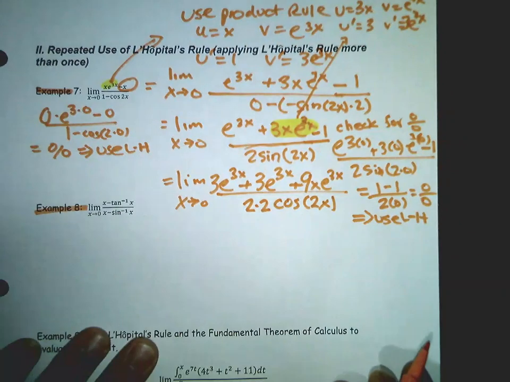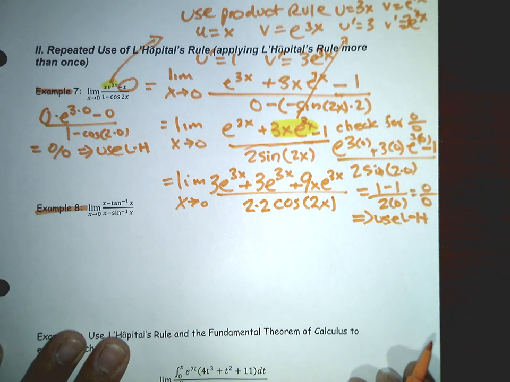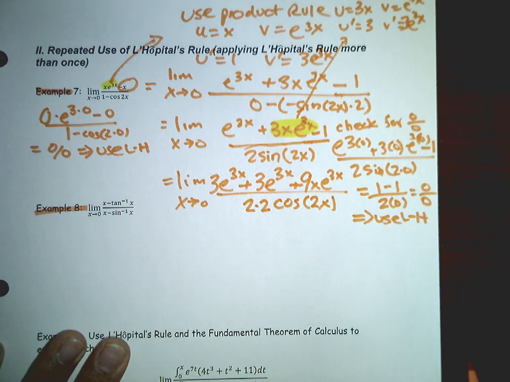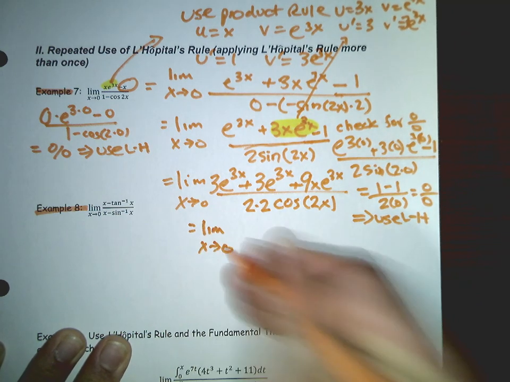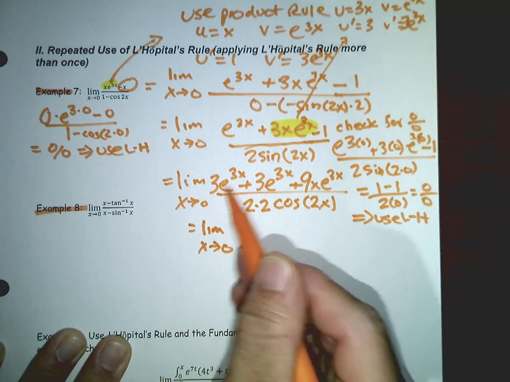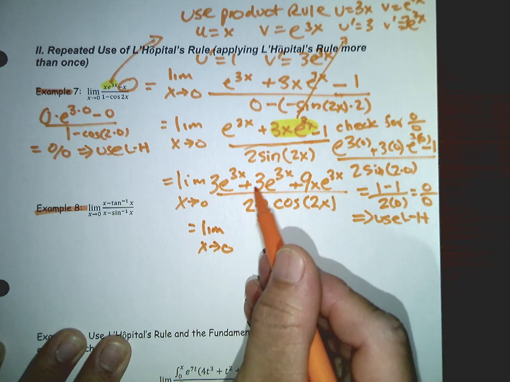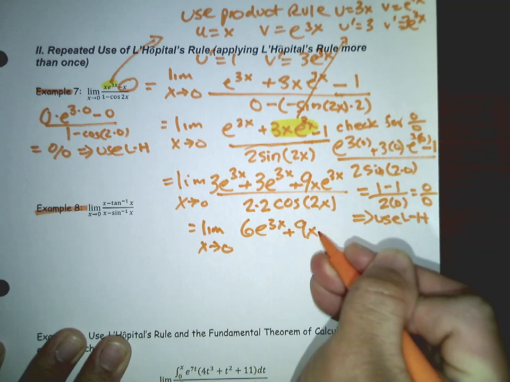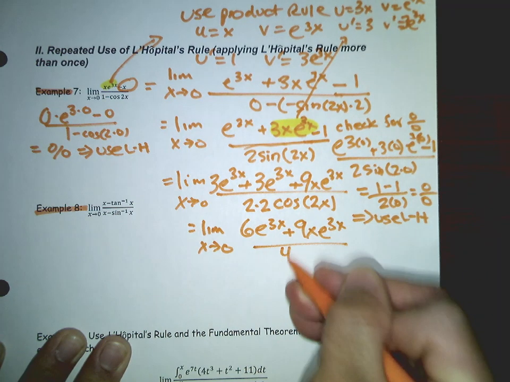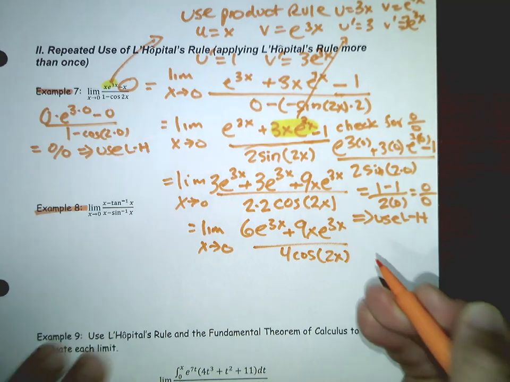Let's simplify this first. The limit as x approaches 0 of 3e to the 3x plus 3e to the 3x, so that's 6e to the 3x, plus 9x e to the 3x, all over 4 cosine of 2x.